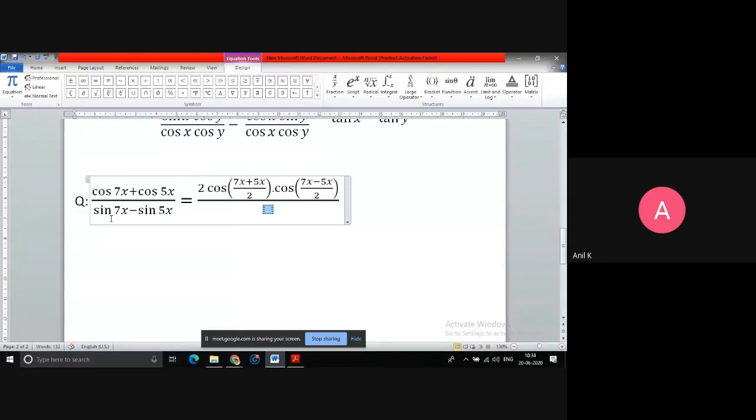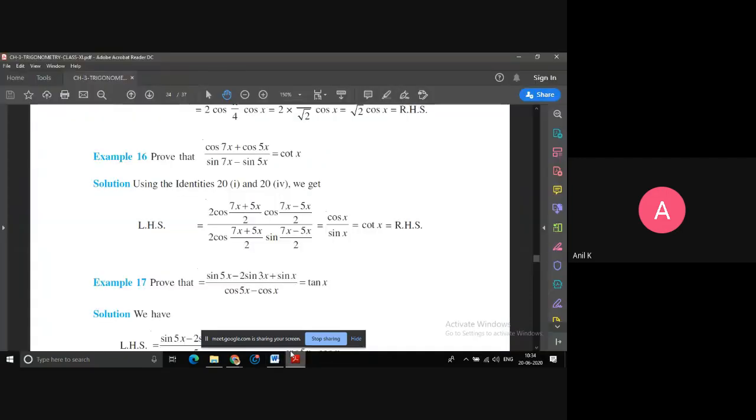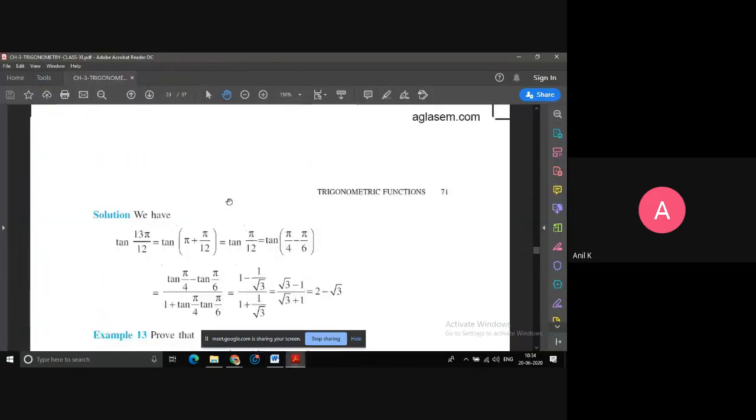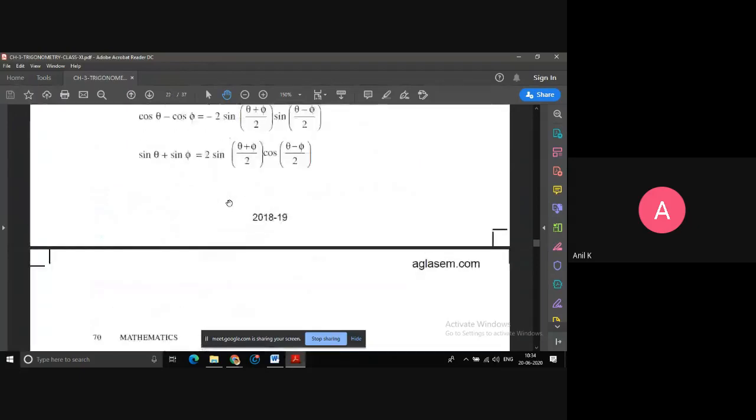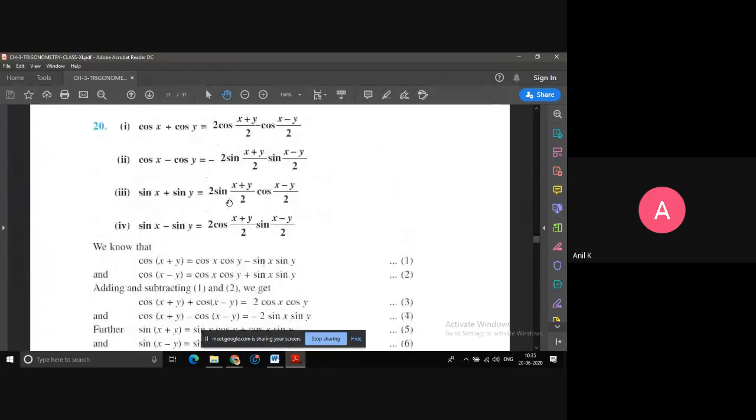Next formula is sin A minus sin B. What was the formula of sin A minus sin B? Yes, this fourth identity: sin A minus sin B equals 2 cos (A plus B) by 2 sin (A minus B) by 2.